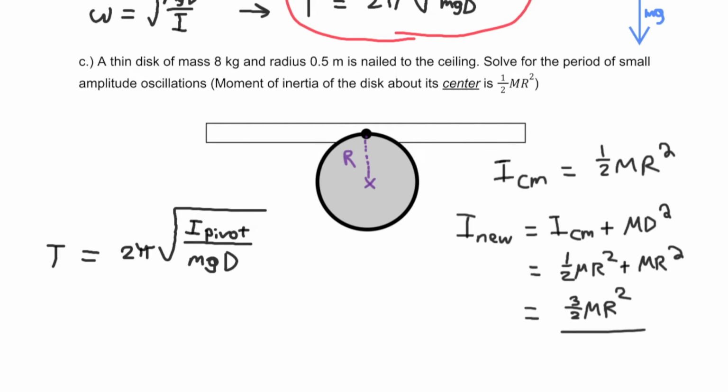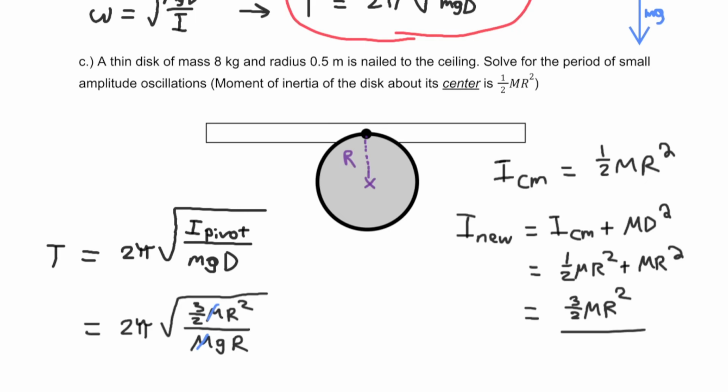So that means that what we have to do now is figure out the distance that the torque is applied, and that's just going to also be r, because the center of mass is r away from the edge of the disk. So we're just going to evaluate this expression. And notice we do get some cancellations.